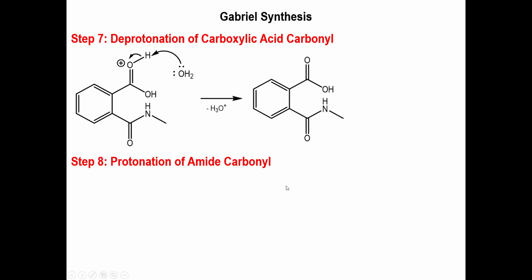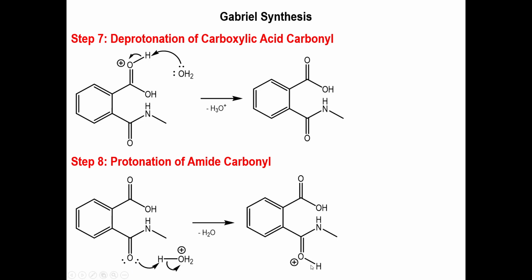And now the hydronium that has been generated moves about and interacts with the carbonyl of the amide segment. So that carbonyl attacks the hydrogen, the electrons go back to oxygen, and now you have a protonated amide, which is the same thing as saying that you have now activated the carbonyl carbon of the amide for nucleophilic attack.